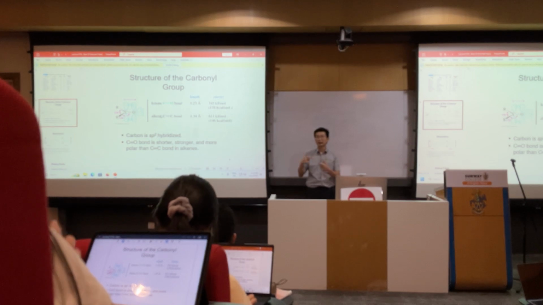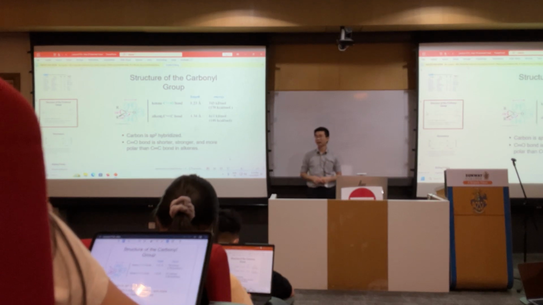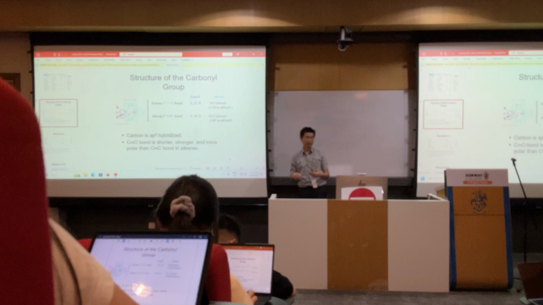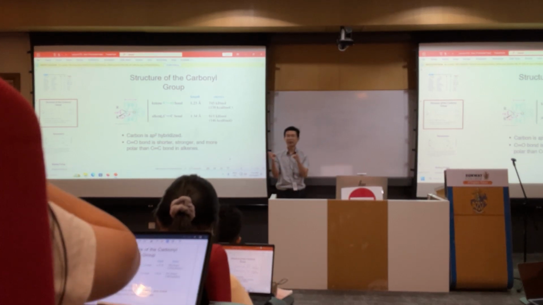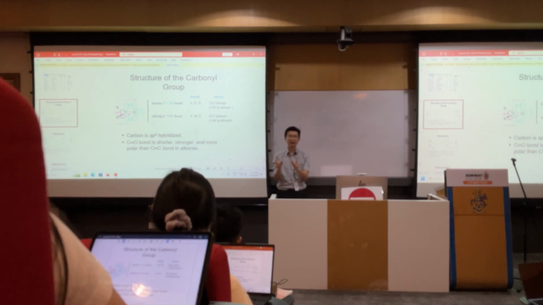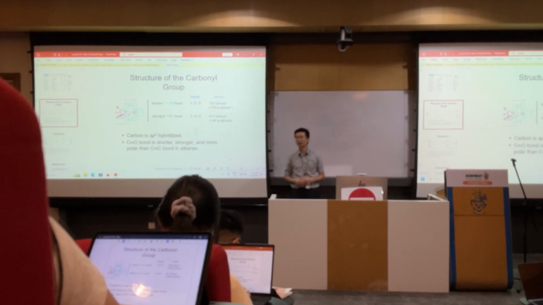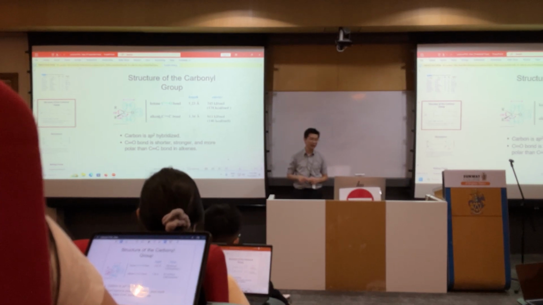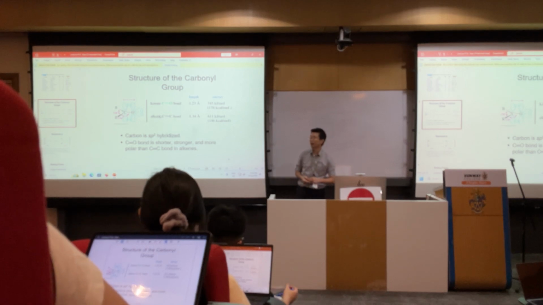Okay, the higher the disparity in the polarity, the shorter the bond, because the attraction between the electropositive carbon and the electronegative oxygen is closer together as compared to carbon and carbon, which has less polarity. Okay, and also the energy involved in the formation of C double bond O is always higher than C double bond C.